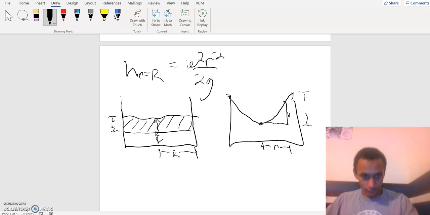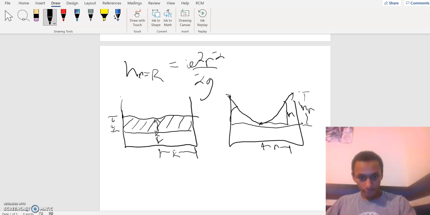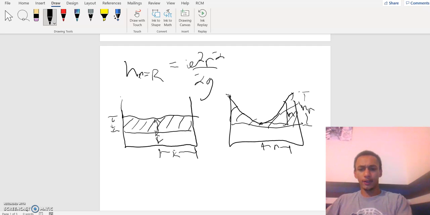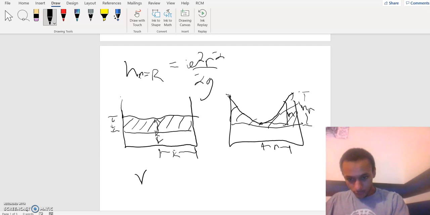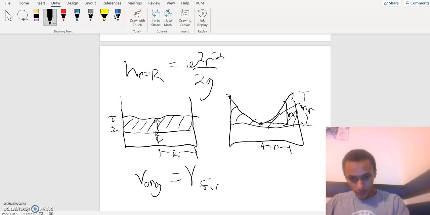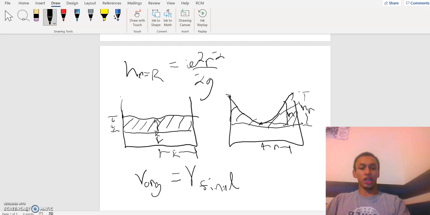Now here is H of R. It's H. Since no volume leaves, this volume here must be the same as this volume here. So volume original is equal to volume final. We're not talking about this here because that is the same. This moves up an additional height, which is what it's going to get to the maximum without spilling over.